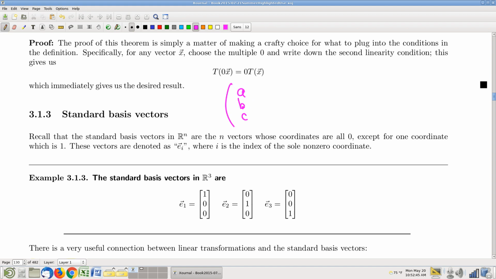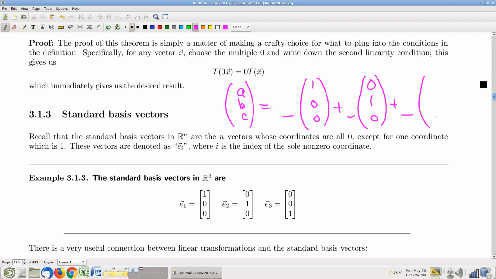Any vector is a linear combination of the standard basis vectors, in a special way, namely, the coordinates are the coefficients.